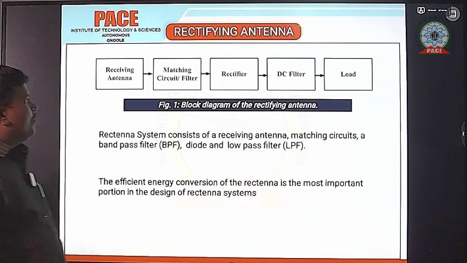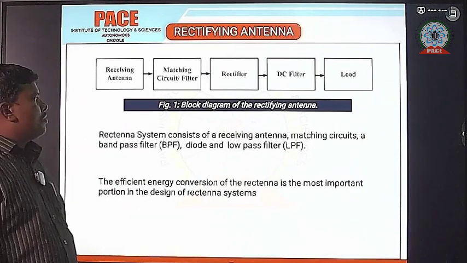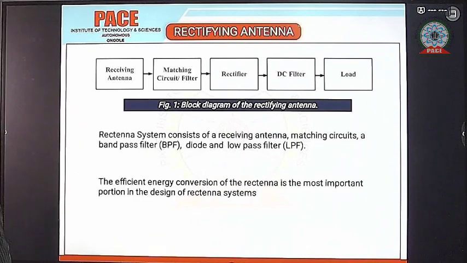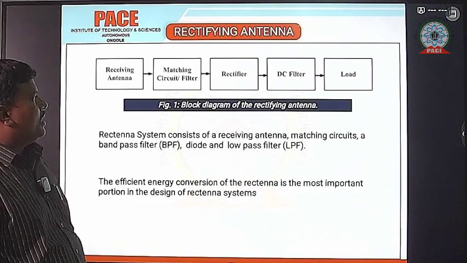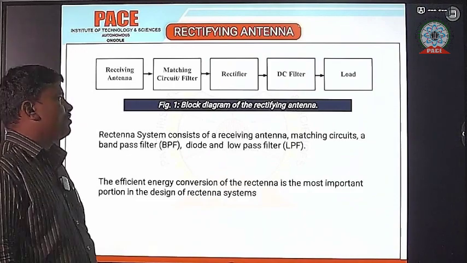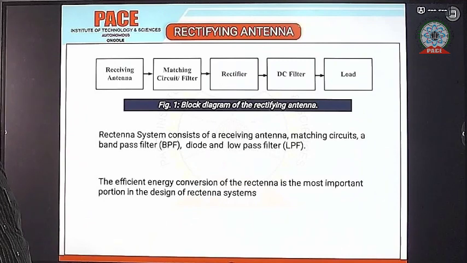Due to this problem, we design a filter circuit, which is useful to suppress all the produced harmonics. After that, for efficient conversion, we use a DC filter at the output of the rectifier circuit. The DC filter blocks the RF AC signal and allows only DC.